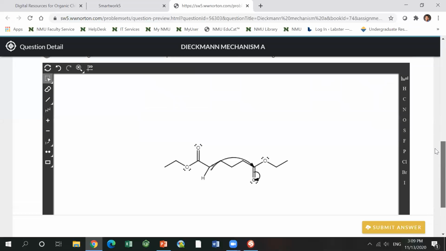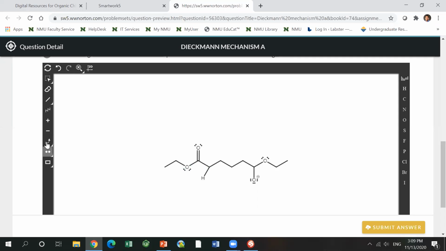Let's try it. Probably we can draw the ugly one. Now it becomes a C-O single bond, so this oxygen has a negative charge on it, and this carbon has a normal charge and no lone pair electrons.